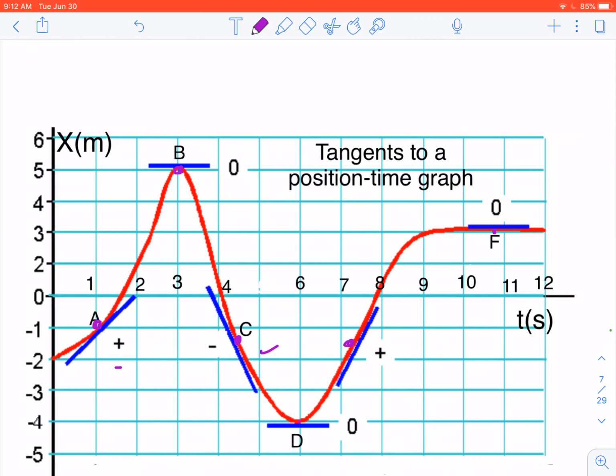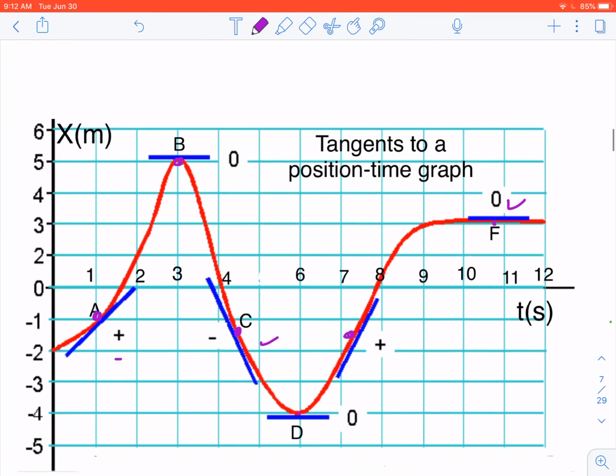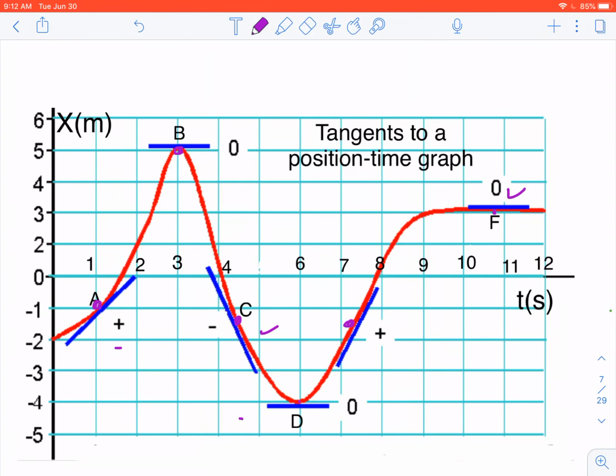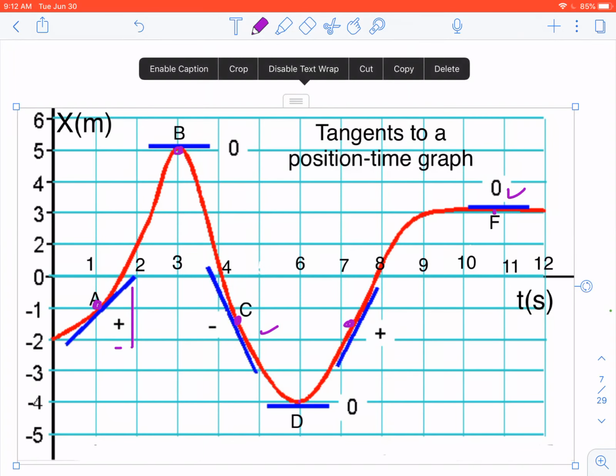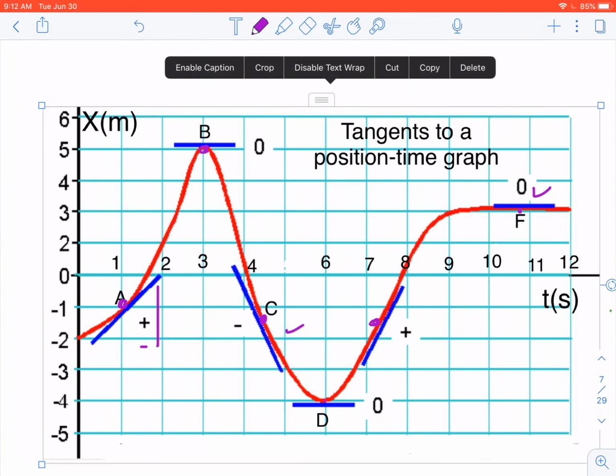And if it's a straight line, then the tangent line and the straight line are the same. For instance, like here, if it's a straight line, then the tangent is in line with the curve.